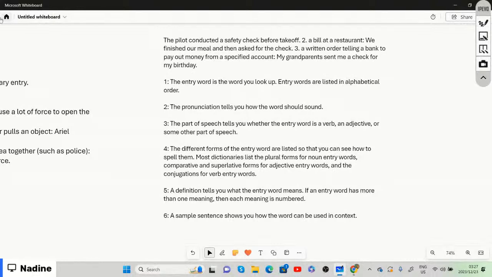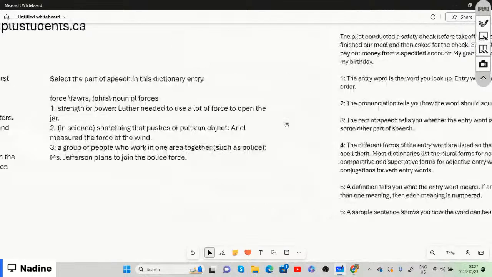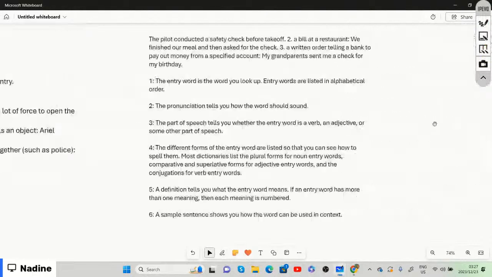Let me just go back over here. So you'll have a word, and then they'll number the meanings, to give you a broader understanding or idea of the meaning of that word.